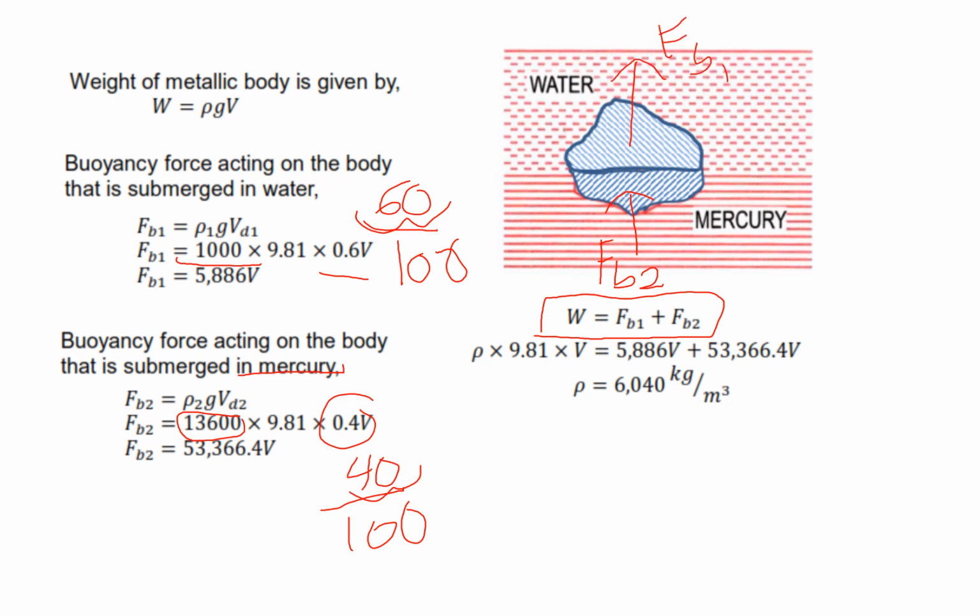Okay, and then we can get the density, because weight is equal to rho g V, and we can substitute the V, and we get the density of 6,040 kg per meter cube.